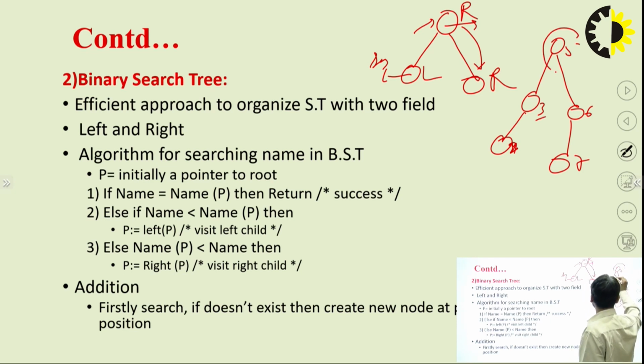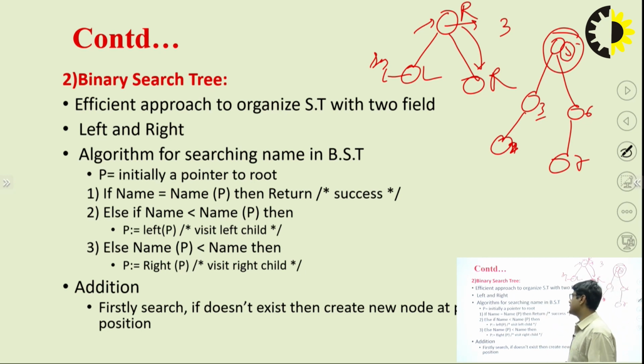We have to traverse from the root. At the root, we check the value being searched against the node. If it is less, then the left subtree is preferred. If it is greater, then we just move to the right subtree. So it is an efficient approach to finding the values.